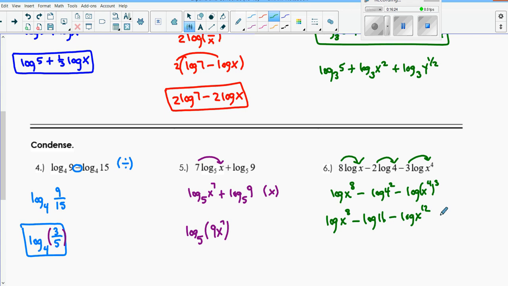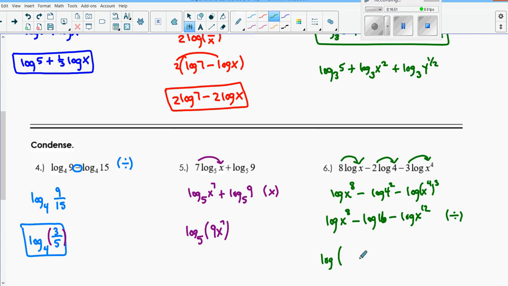Okay. Now I need to use the subtraction, and I need to say that that subtraction can be rewritten using division. Since they're all log base 10, I can say log base 10. I don't need to write the 10. And I can combine all of those, so it's not as redundant to do log of something minus log of something minus log of something. Okay.